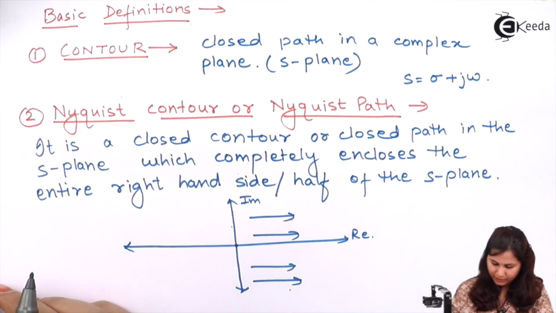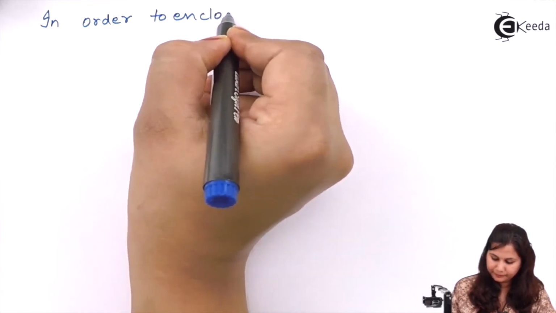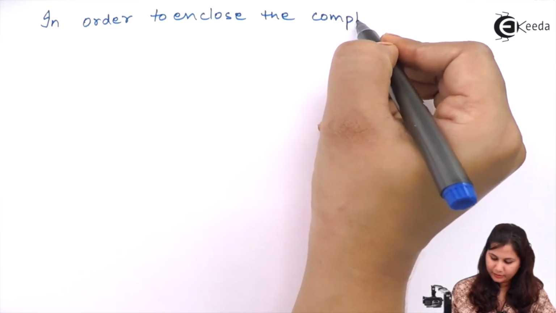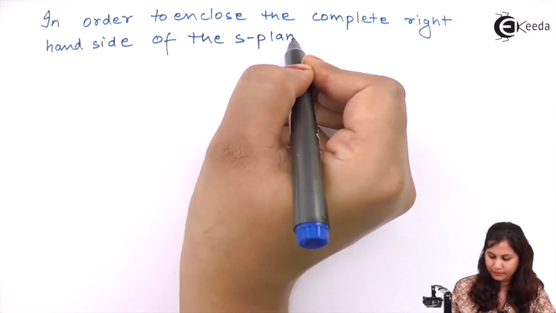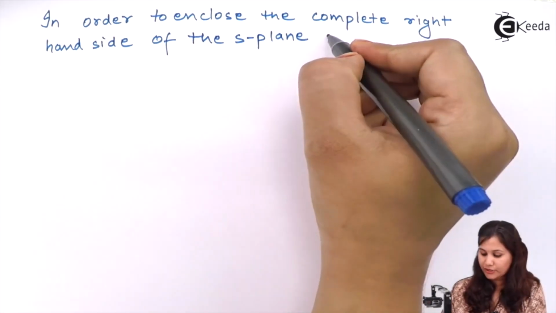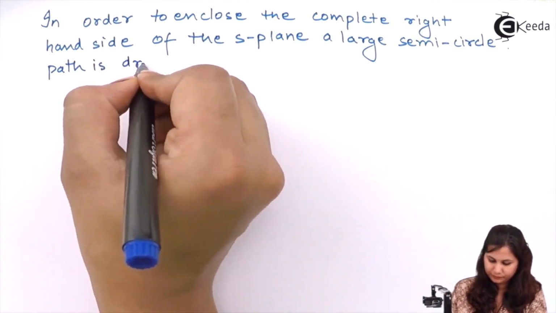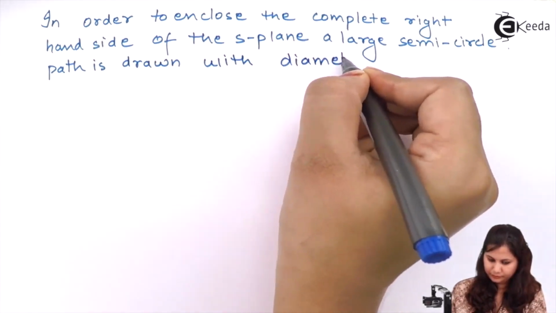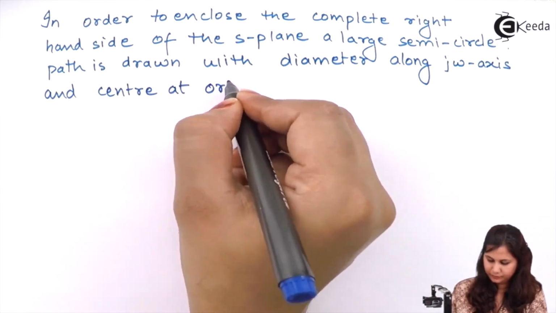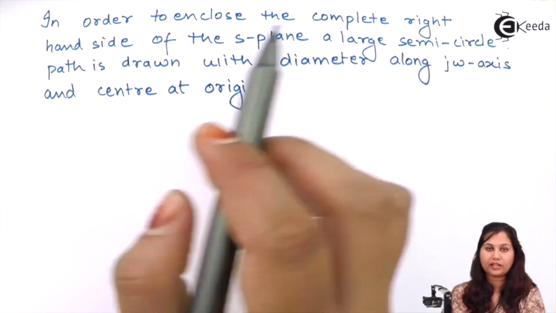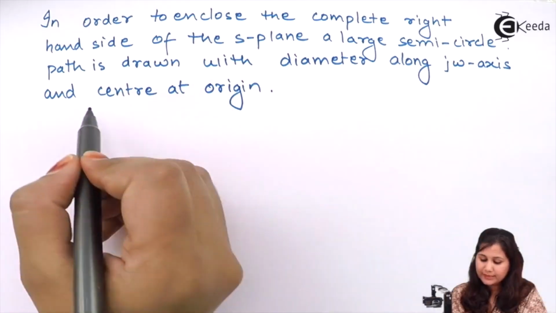So for this Nyquist contour, in order to enclose the complete right hand side of the S plane, we are drawing a large semicircle whose diameter is very large and the center is at origin.